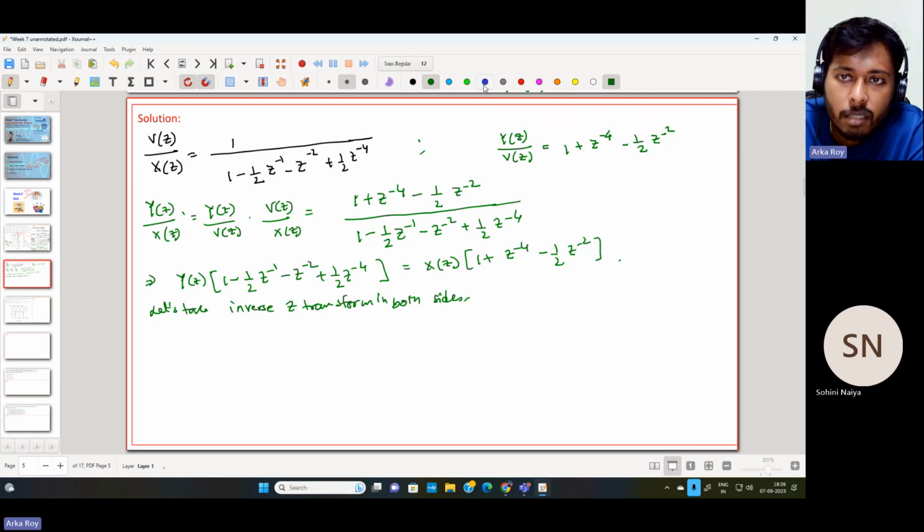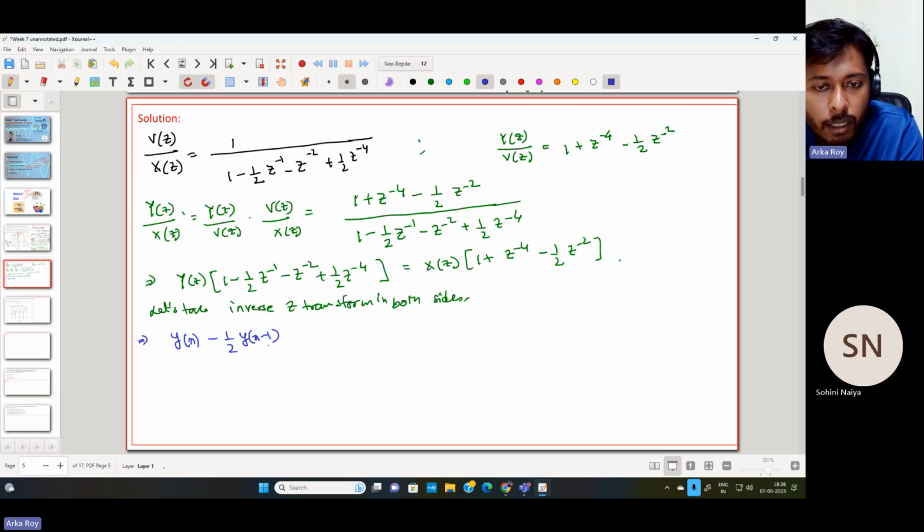So if I take z transform in both the sides, for this particular relation I will get y(n) minus half y(n minus 1), because it is obvious that we have a delay of 1, so Y(z) is multiplied with z to the power minus 1. If I take inverse z transform, I will get y(n minus 1) because there is a delay of 1.